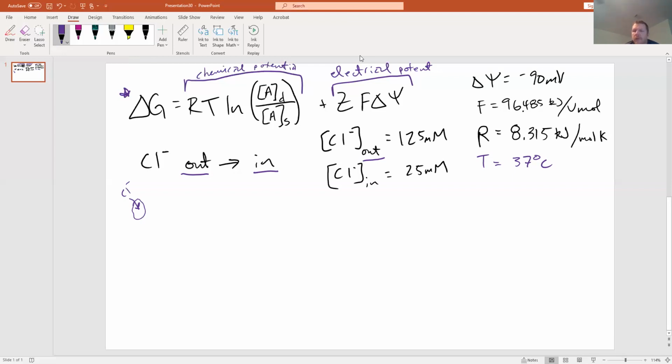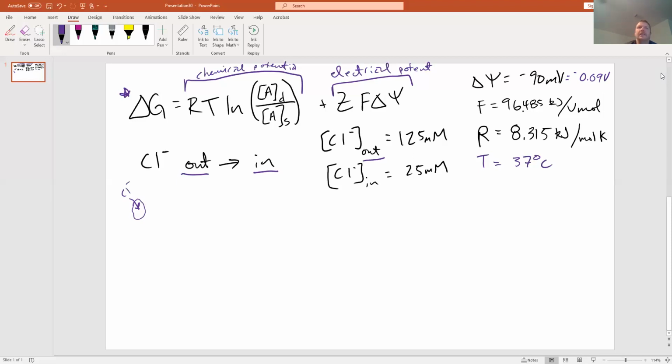Now, the variables that I have here that are important: delta psi is the membrane potential. That's negative 90 millivolts. Just a second, I need to do one minor thing. I'm going to rewrite this in terms of volts, and so that's the same as negative 0.09 volts, okay?